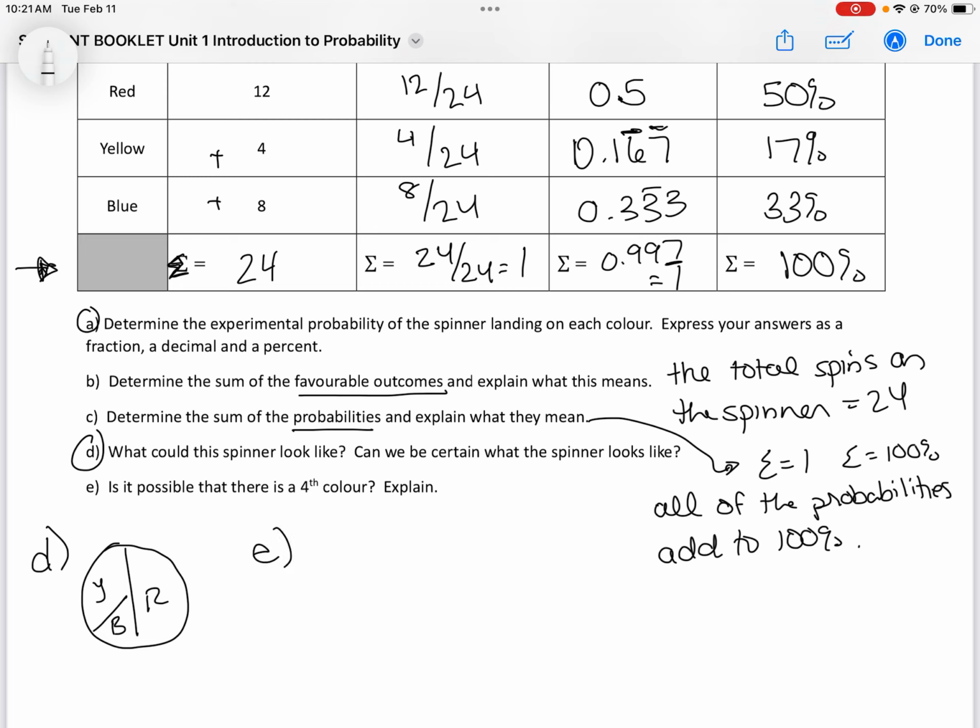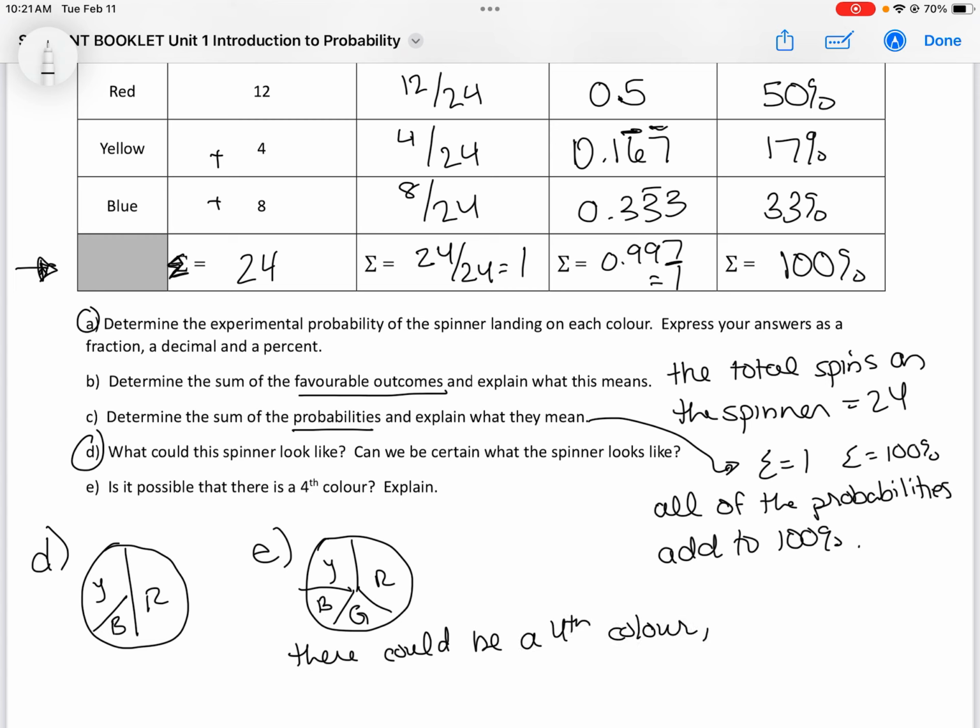So E asks, is there a possible fourth color? So here's the thing. We could have red for most of it. Then we could have yellow for a lot of it and blue. But we could also have something like, say, green. Okay? There could be a fourth color. This is an experiment, so we could have just simply not landed on the fourth color.